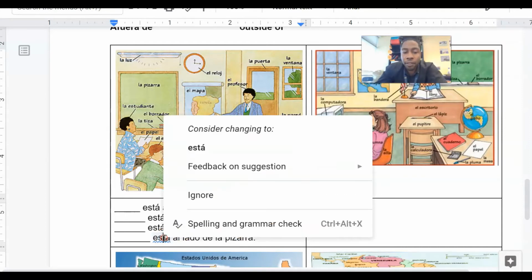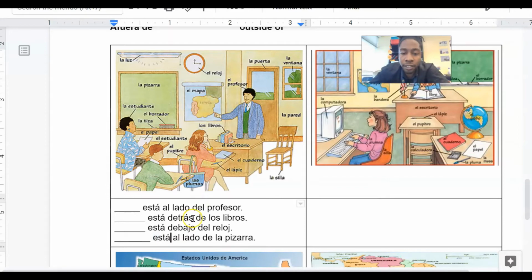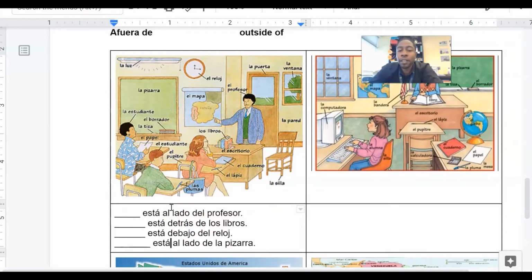So in my previous video, I talked about this contraction of de plus L that makes del. And notice that how when I chose los or la, I did not contract that together. So after saying these things, describing where it is, it's my hope that you can see that next to the professor, under the clock, behind the books, and next to the chalkboard would be el mapa.